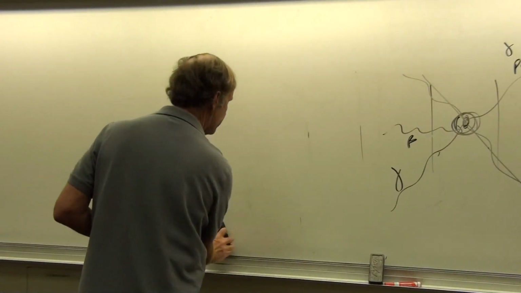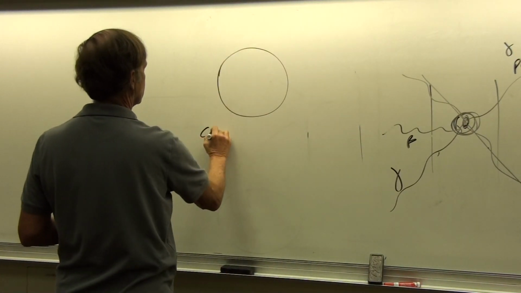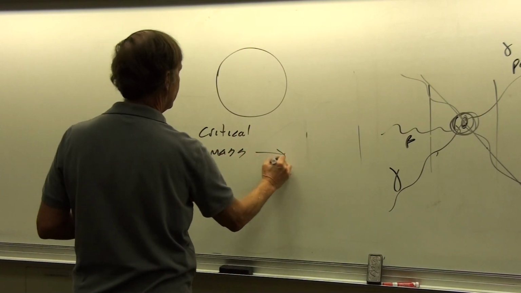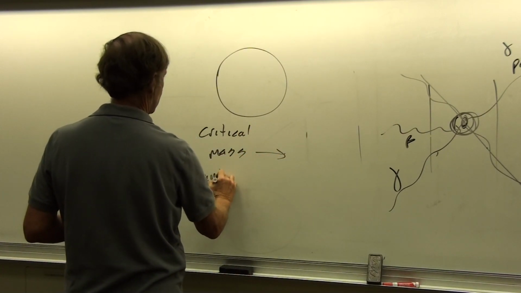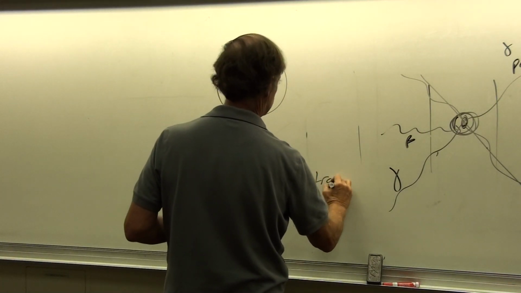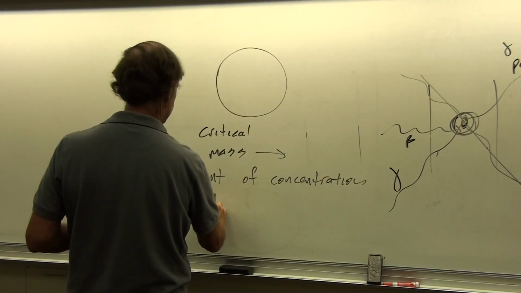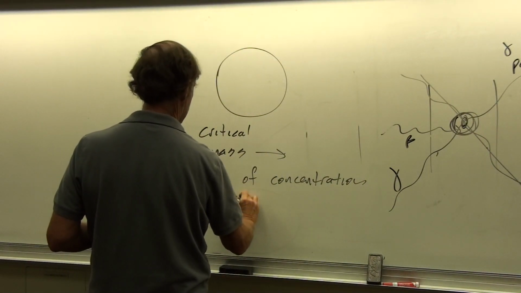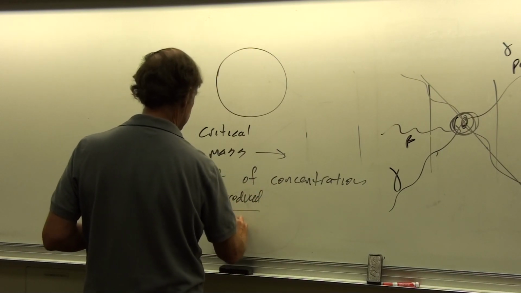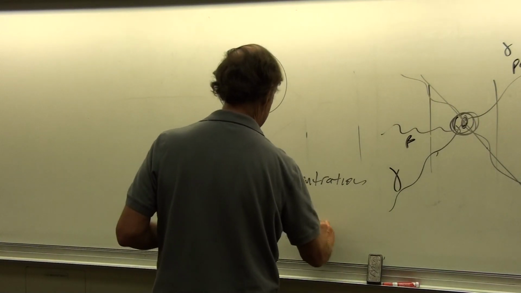For critical mass, this is the point of concentration where the number of neutrons produced divided by the number of neutrons consumed is much, much greater than 1.